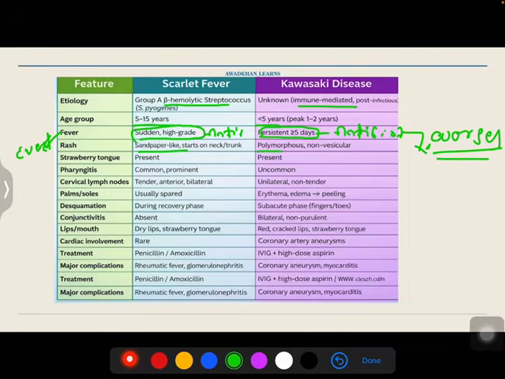It is uncommon in Kawasaki disease. Cervical lymphadenopathy is bilateral and tender in scarlet fever. In Kawasaki, cervical lymphadenopathy is unilateral, non-tender. Usually palms and soles are spared in scarlet fever, but palms and soles are also involved in Kawasaki disease. Conjunctivitis is absent in scarlet fever and it is present in Kawasaki disease, which is non-purulent. Cardiac involvement is rare in scarlet fever. Cardiac involvement is common in Kawasaki. Coronary artery aneurysm, myocarditis can occur. Treatment.